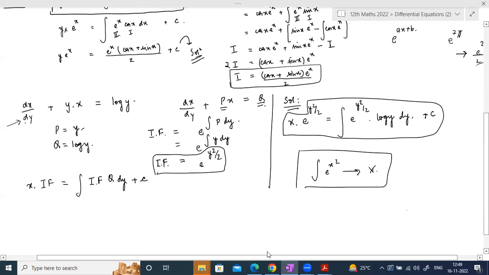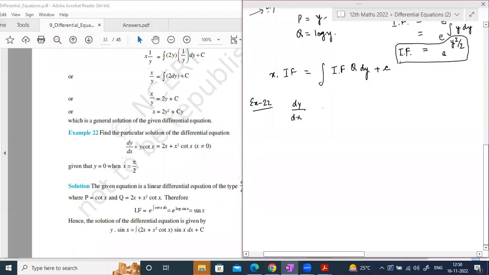Let's do example 22. The equation is dy by dx plus y cot x is equal to 2x plus x square cot x.